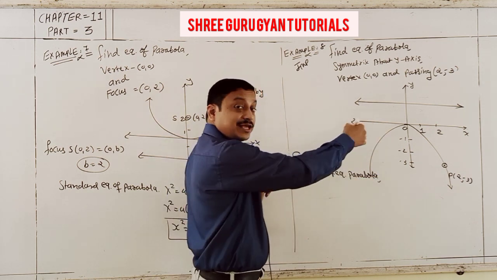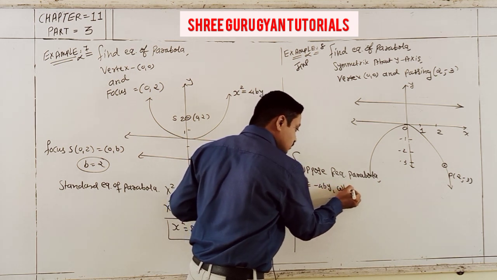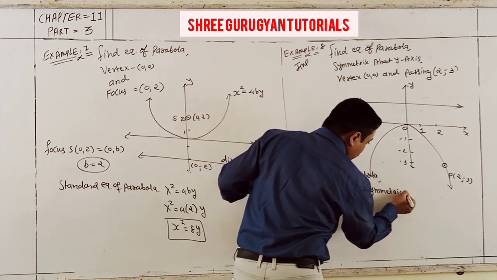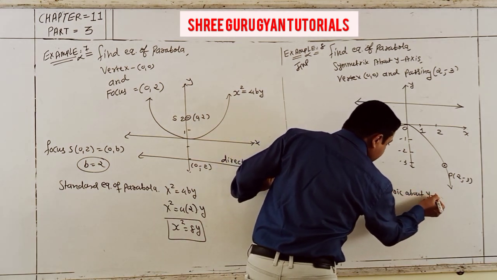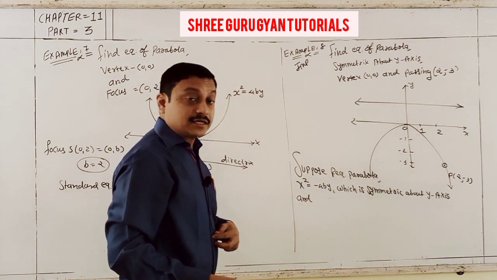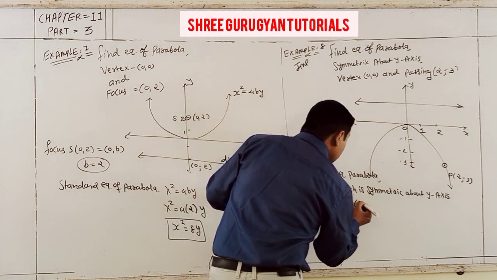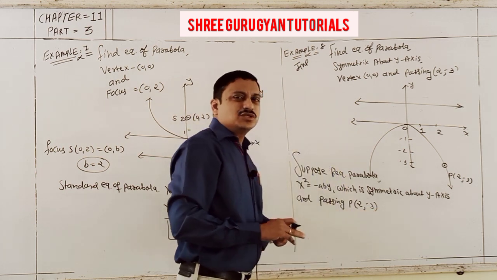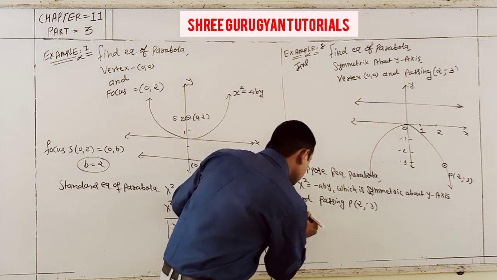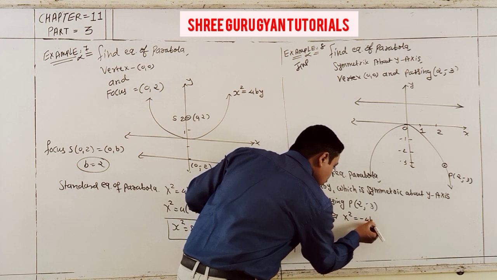What was the parabola of the fourth case? x square is equal to minus 4by, which is symmetric about the y-axis, and passing through P 2 comma minus 3. You just put down there x value is 2, y value is minus 3. Your equation is x square is equal to minus 4by.